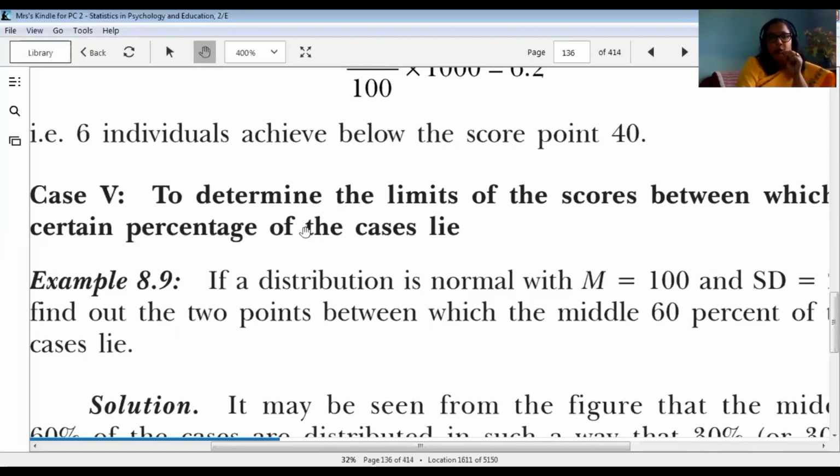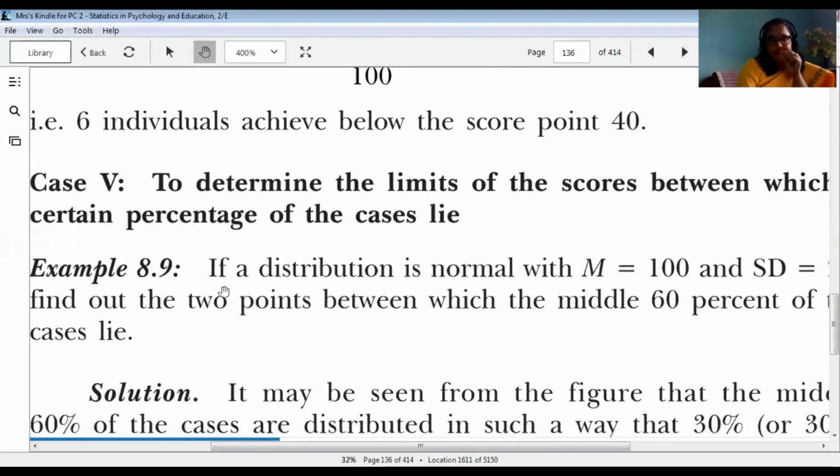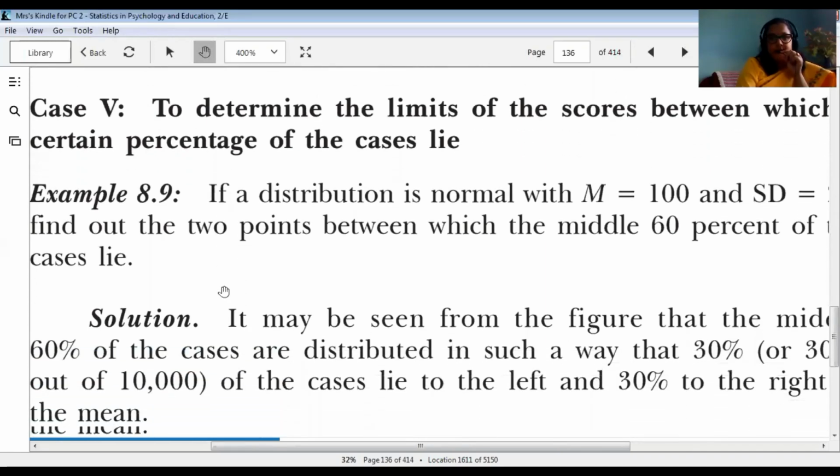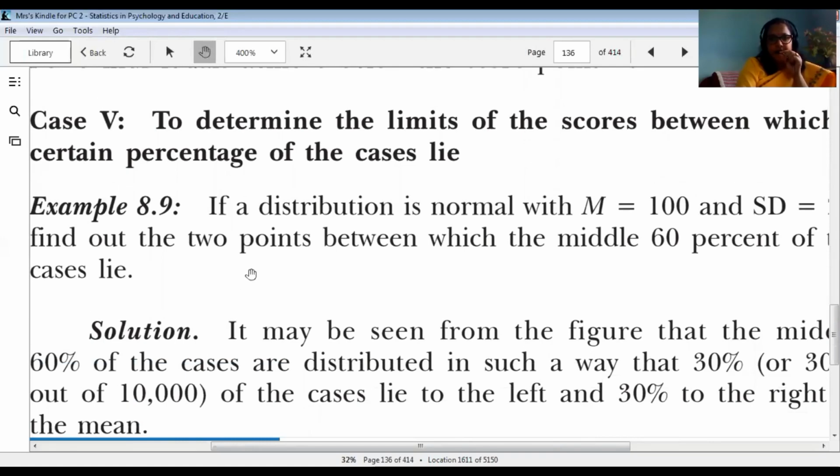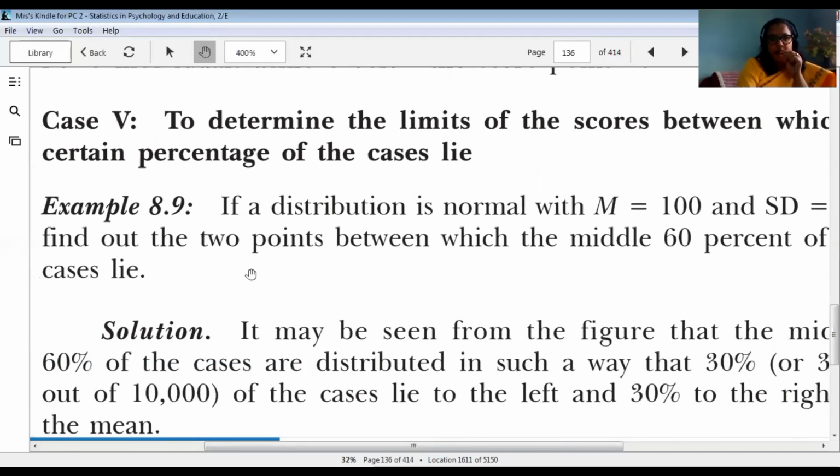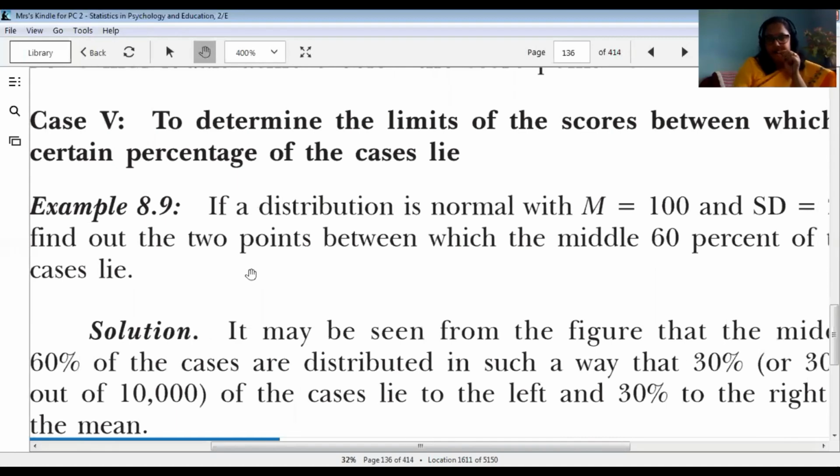Okay, so I'll discuss this application with one example. Please listen carefully. This is the example for application number 5. Okay, so please follow me.